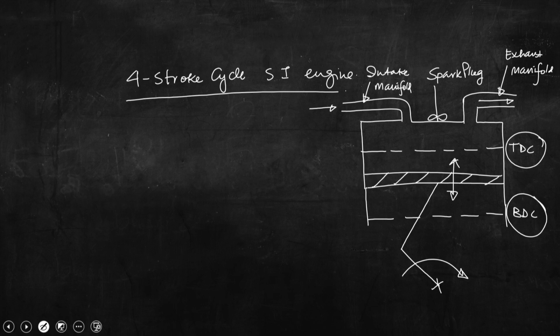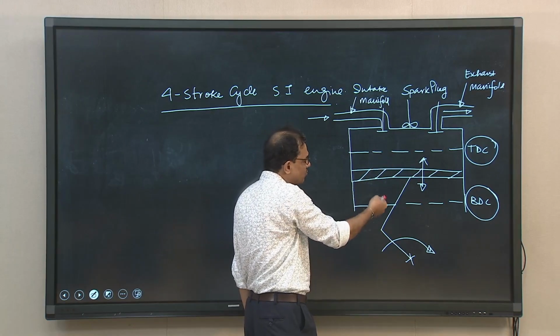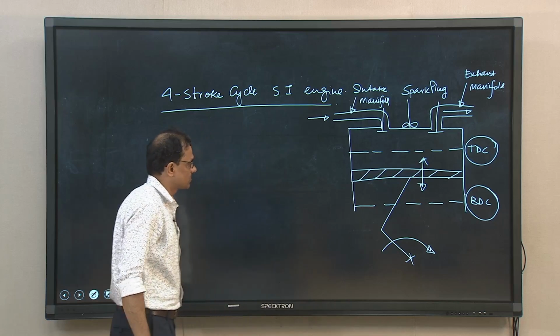First, the intake stroke: the piston travels from top dead center to bottom dead center, the exhaust valve remains closed, the intake valve opens, and through the intake manifold, if it is an SI engine, not only air but the air fuel mixture, also known as charge, is drawn into the engine cylinder. That is the intake stroke.